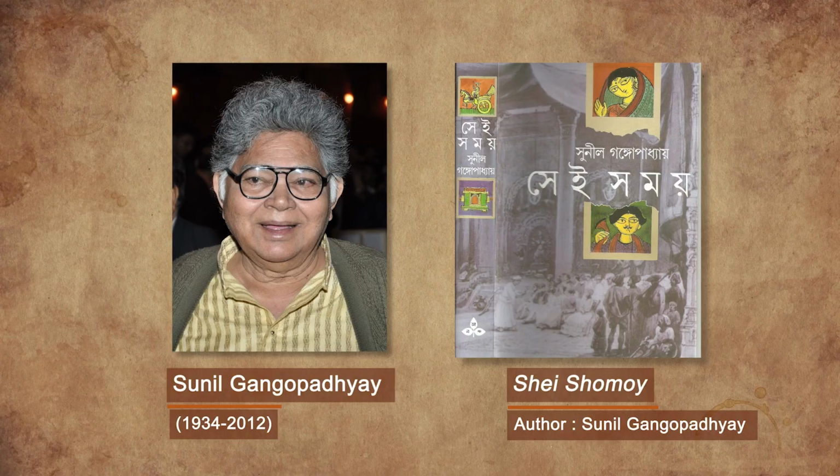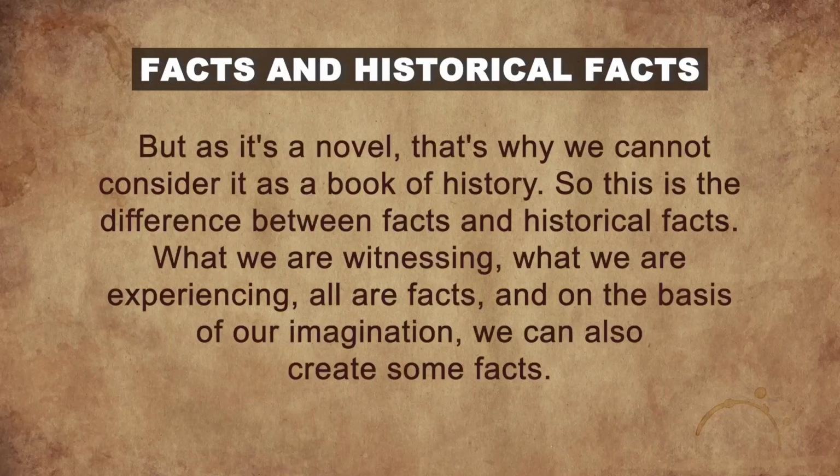It's a Bengali novel depicting the socio-cultural history of that time, but as it's a novel, we cannot consider it a book of history. So this is the difference between facts and historical facts.